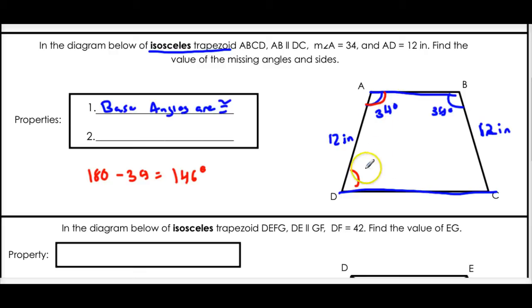I knew that because angles on the same leg are 180 degrees. Once again, D and C are base angles, so they must be congruent in an isosceles trapezoid. So this is also 146, and we did it.